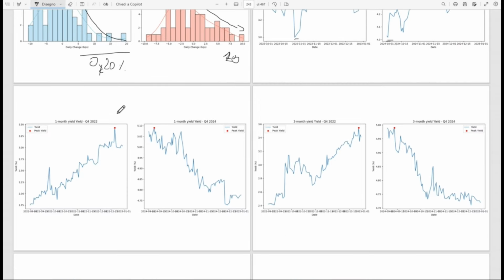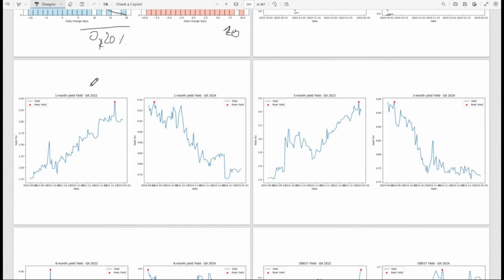So, peak yield for every duration. In 2022, the starting base for the 1 month yield, it mirrors exactly what the Bank of England does. So the Bank of England was hiking interest rates. In September it was 1.75, and then by the end of 2022 it was 3.5%.